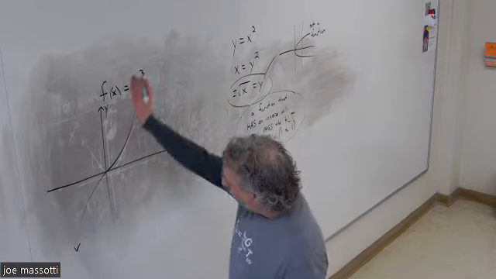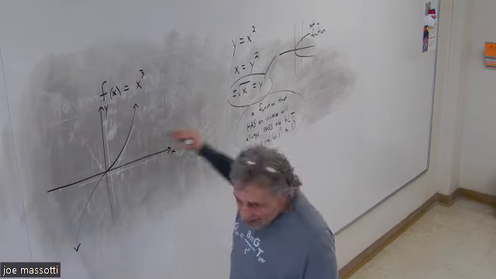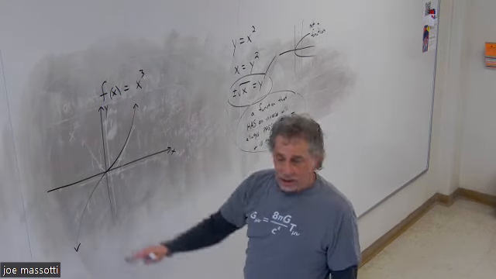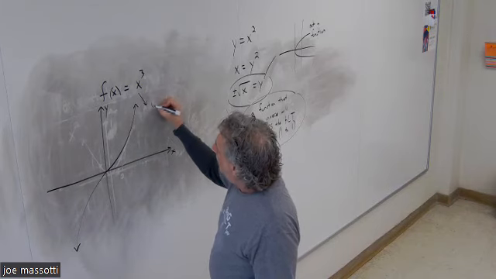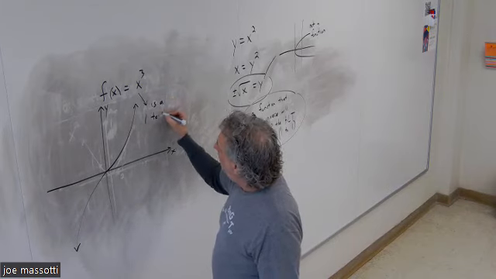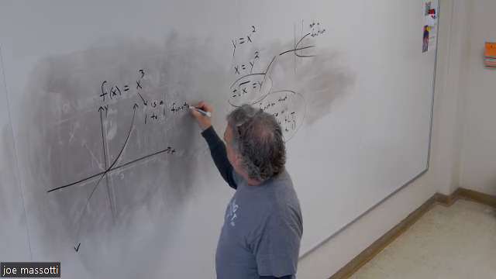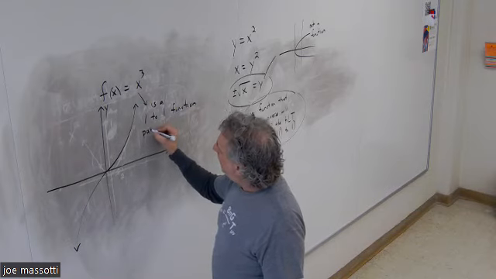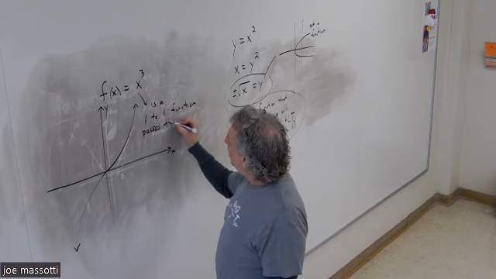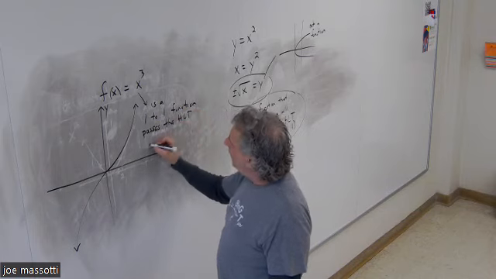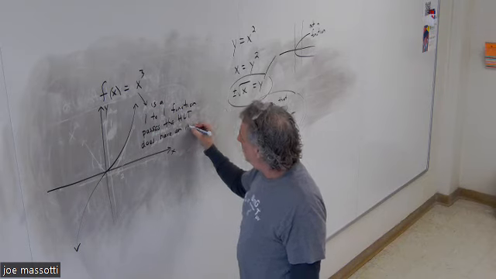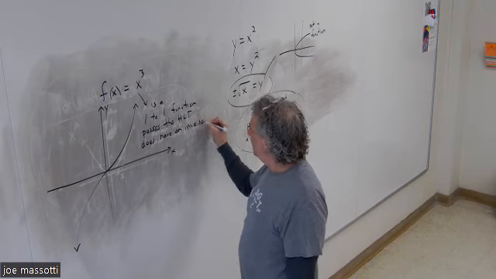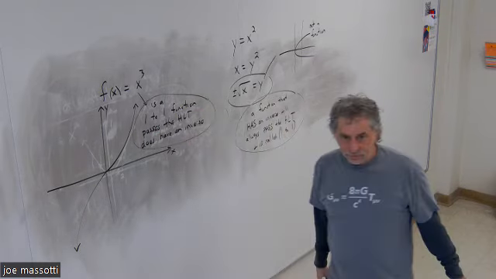This passes the vertical line test, so it is a function, and it passes the horizontal line test, so it's a one-to-one function. It does have an inverse.